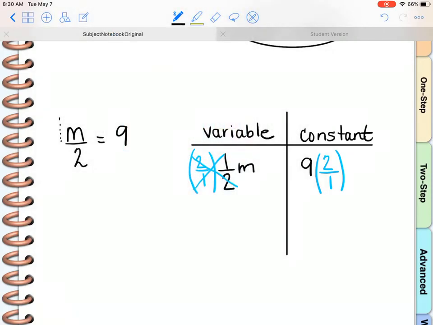So we're left with m, and then this is 9 times 2 ABC 1. And you end up with 18.